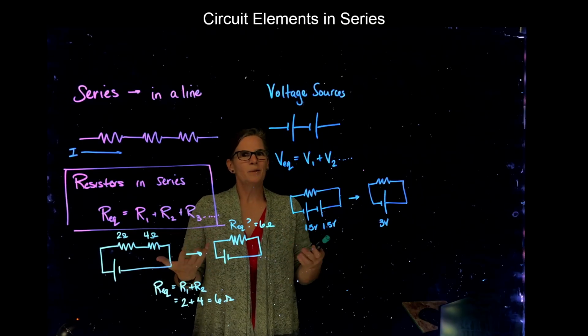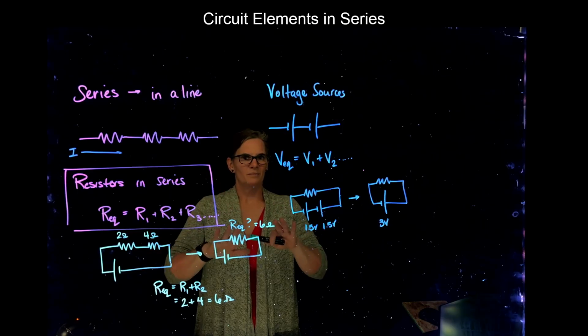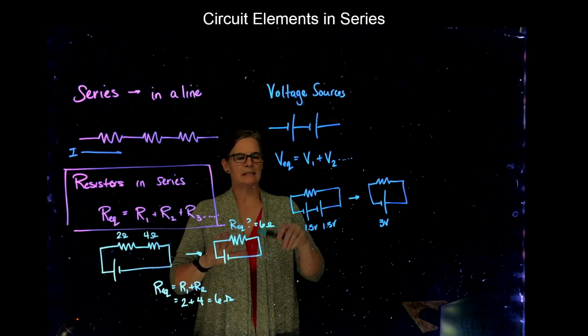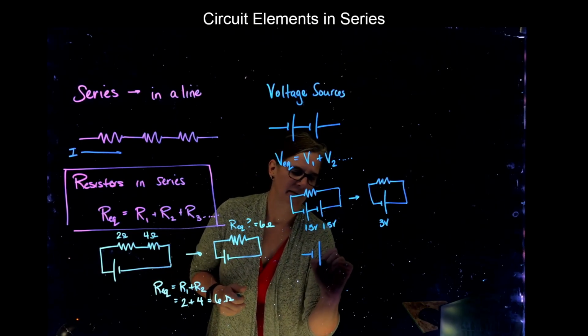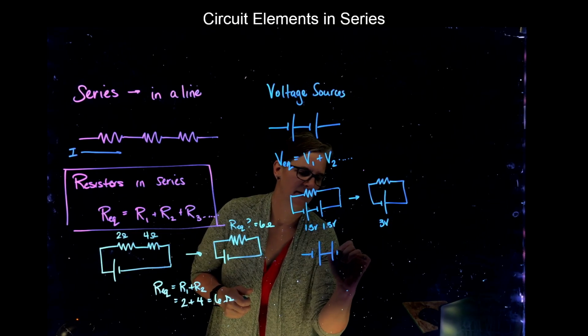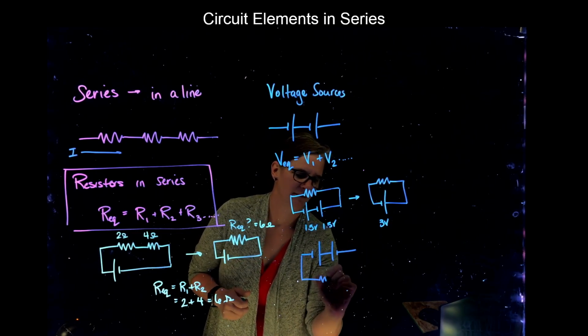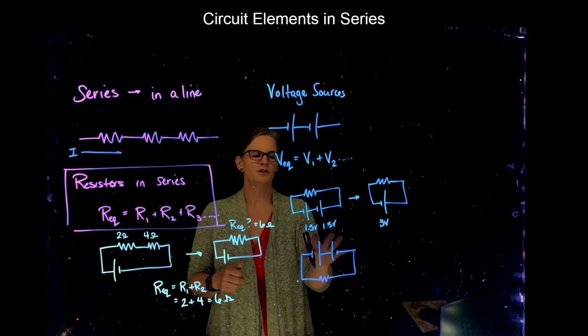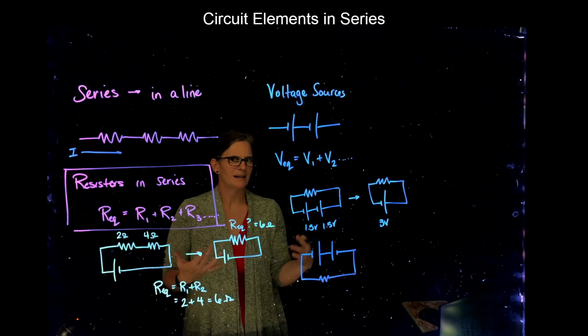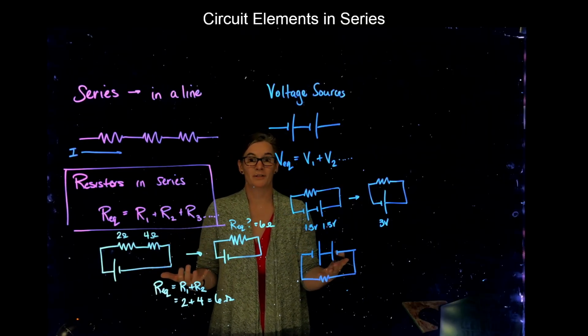Now, it's also possible that voltage sources are put in series in opposite directions, such that the voltages are put backwards. If the two voltage sources are the same, then I'm going to have an equivalent voltage of 0.